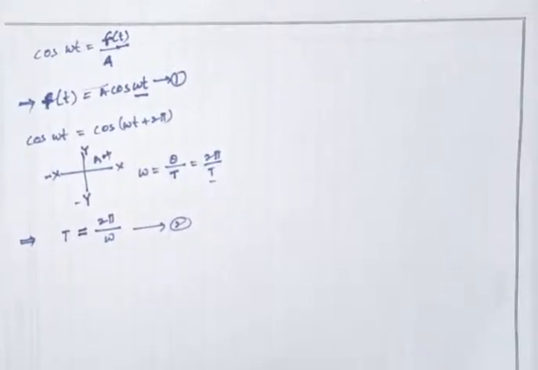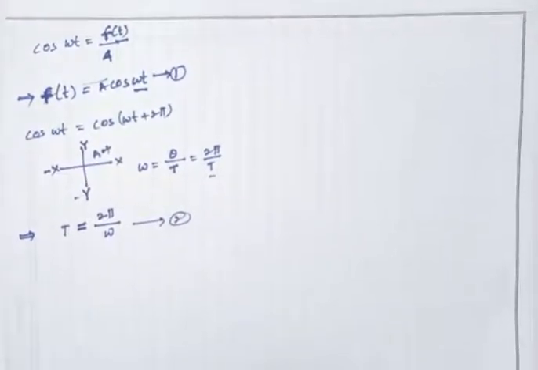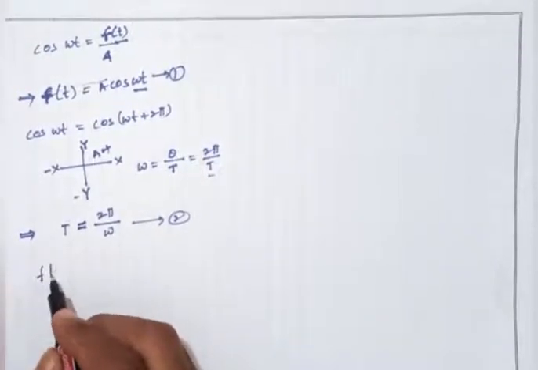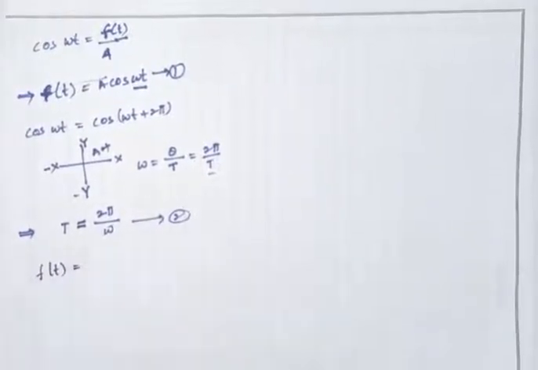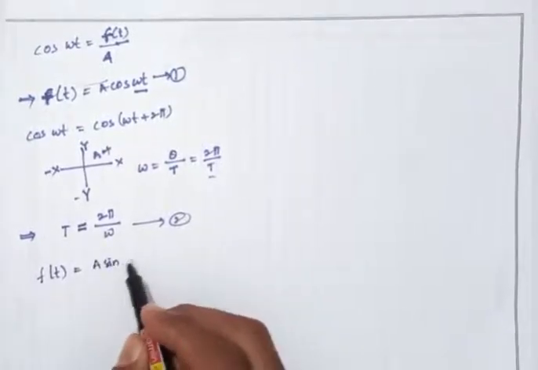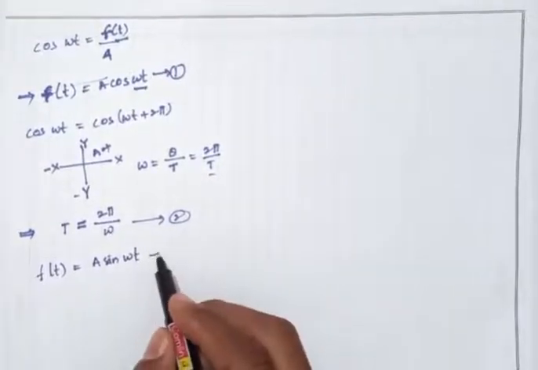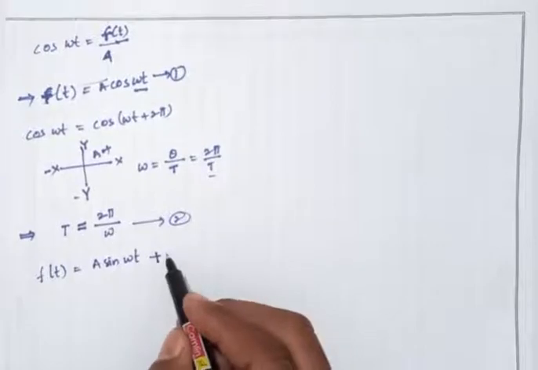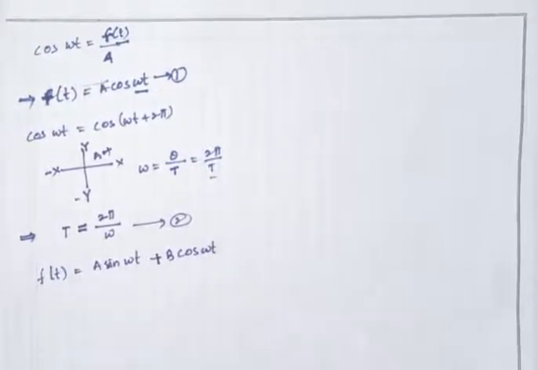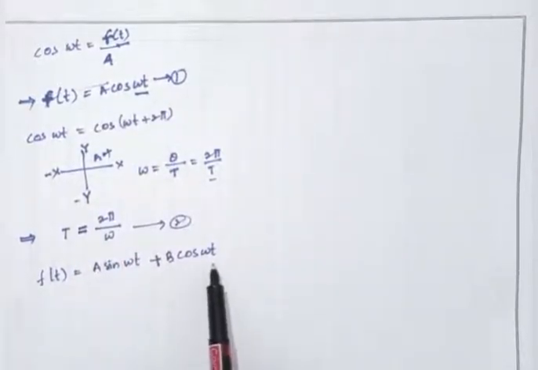A is a constant, so then we can take the function of oscillatory motion f of t equals a sin omega t along the y direction plus b cos omega t along the x direction.